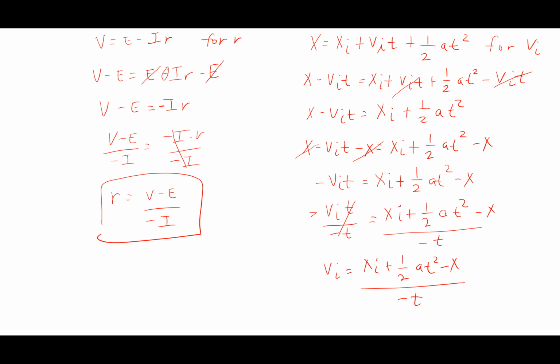Okay? So that's how you would solve this one. So just take your time, work through the steps, and you'll be fine, okay? But whatever you do to one side of the equation, you have to do to the other side of the equation. So please don't forget that.